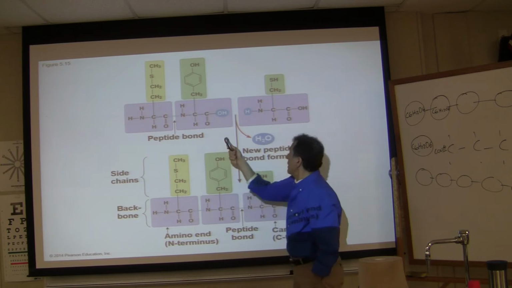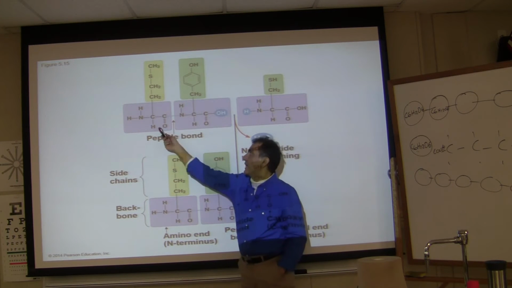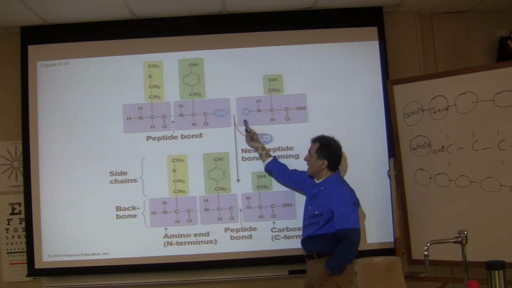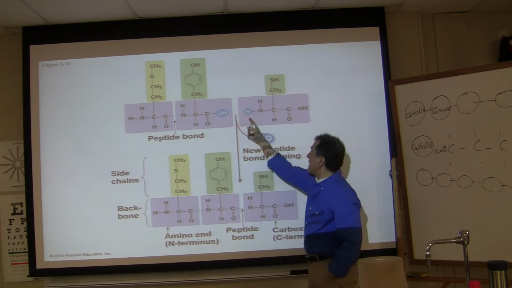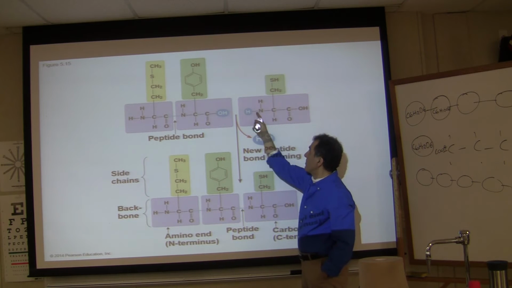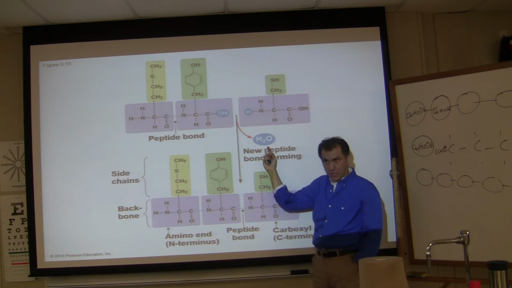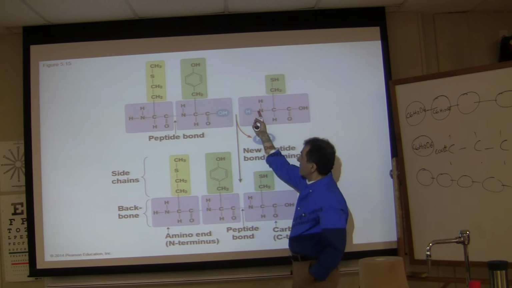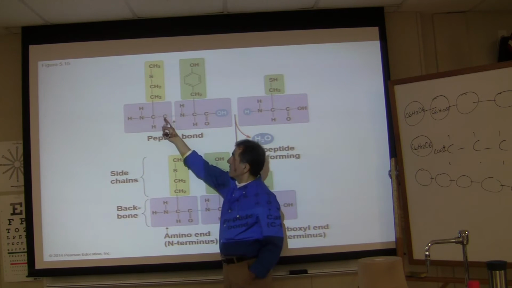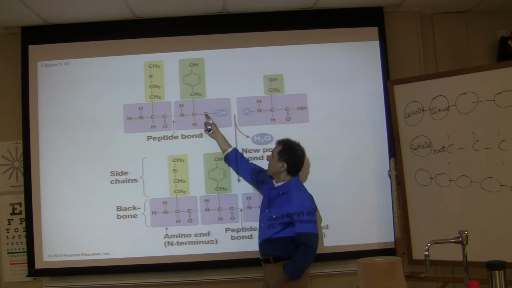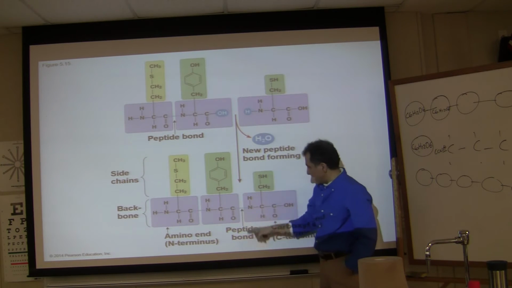Then, when you're attaching this dipeptide to another amino acid, the OH of the acid of this one is combined with the hydrogen of the amino group of that amino acid, and they form what? Water. And the bond between that carbon and that nitrogen is called a peptide bond, which is attached right here.